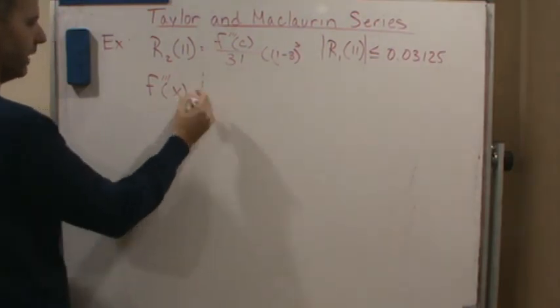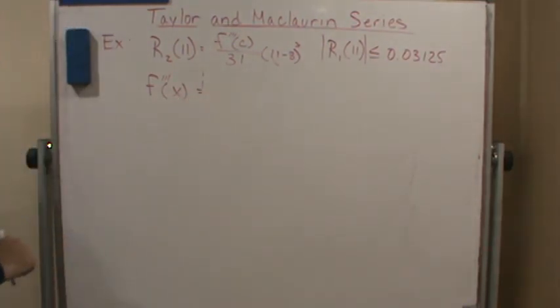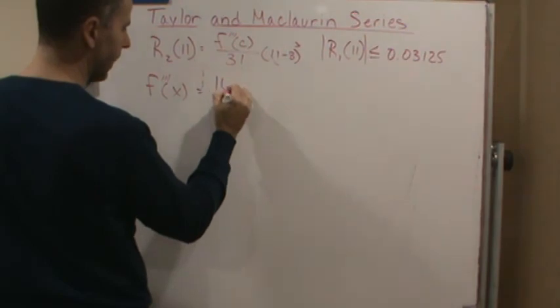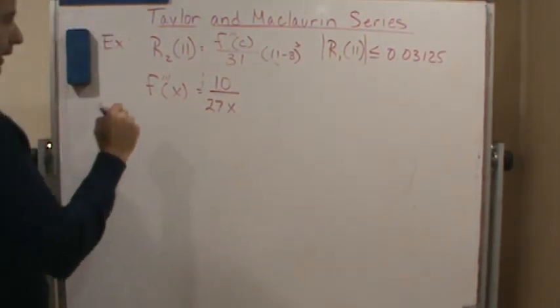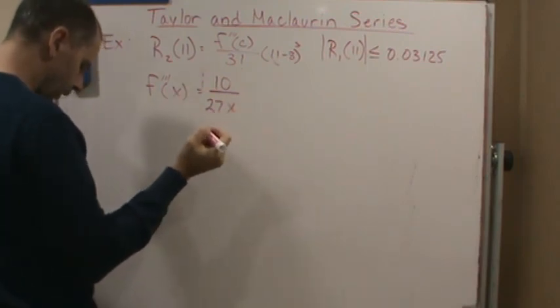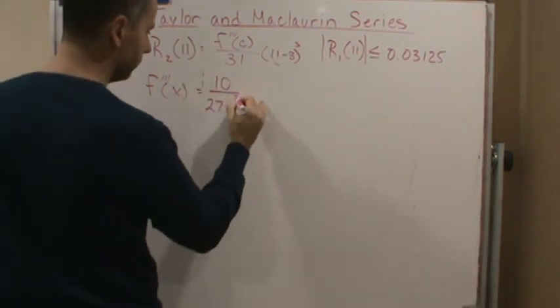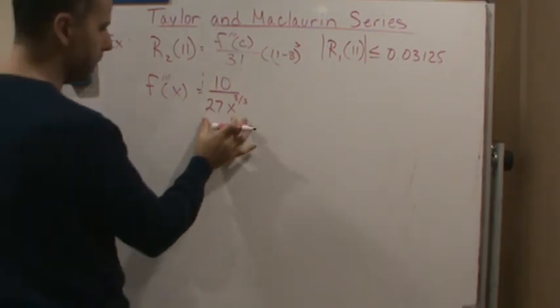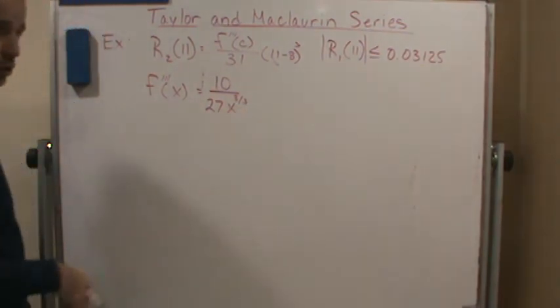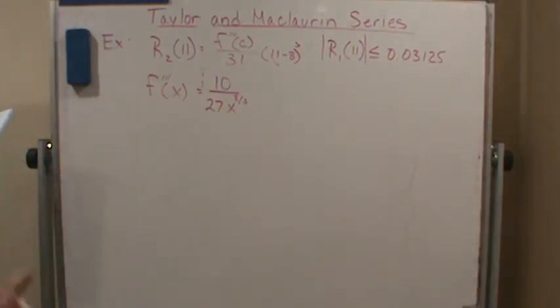If we take the third derivative of the cube root of x, we get 10 over 27 x to the 8/3. Now, the same reason applies. This is going to be maximized when x is equal to 8, same as before.